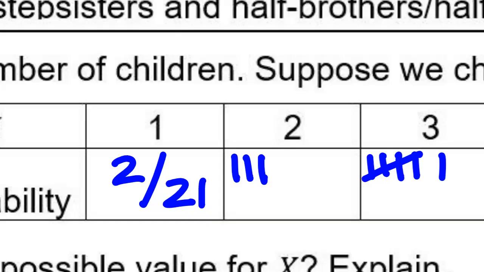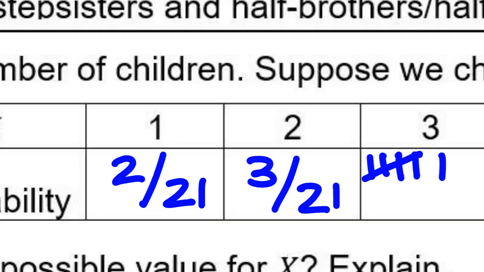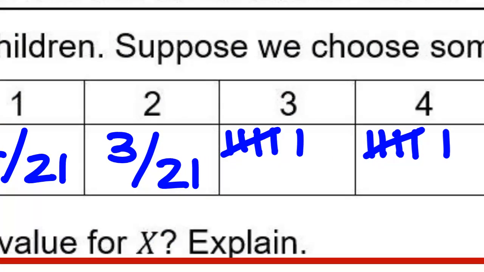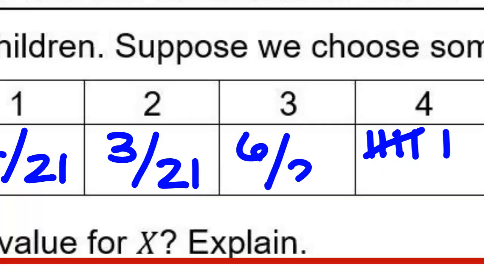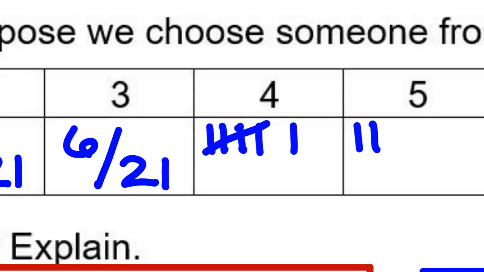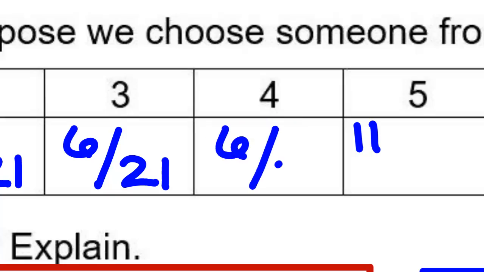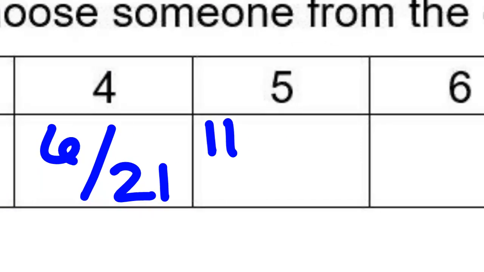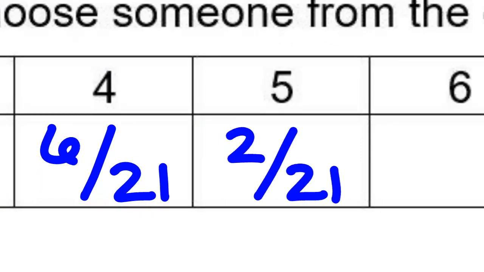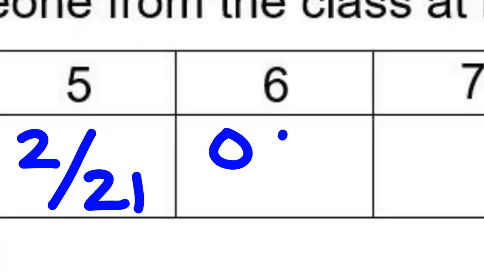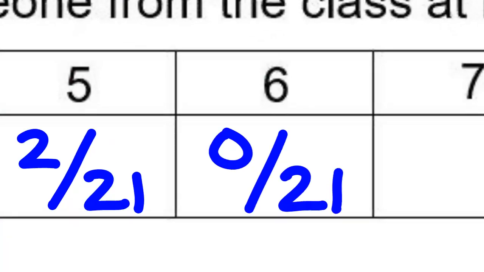What's the probability that they have 2 children in their family? 3 out of 21. 3 children: 6 out of 21. 4 children: 6 out of 21. 5: 2 out of 21. 6: 0 out of 21, or we could just write 0.